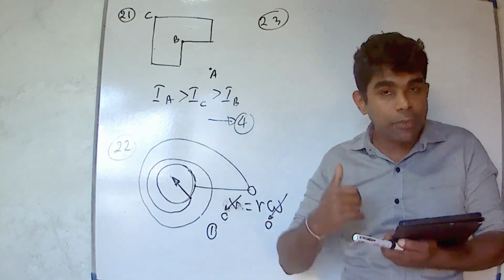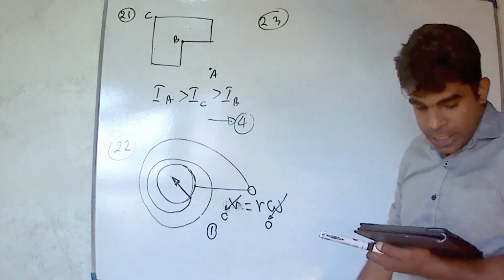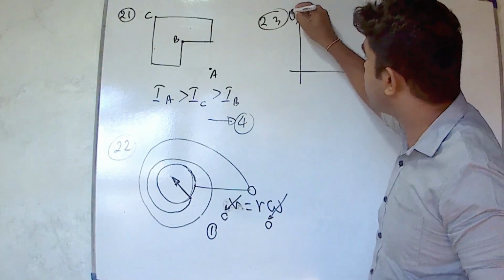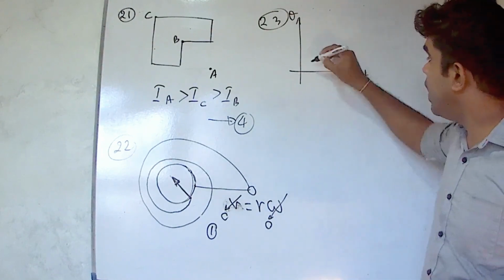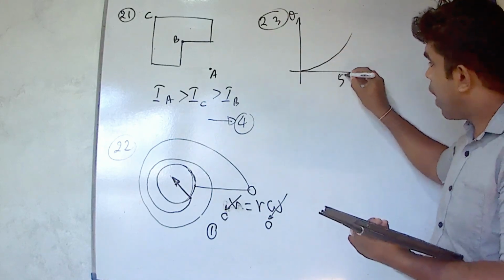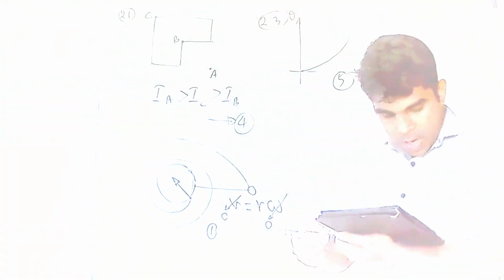Now in the given graph, angular velocity is increasing, therefore the gradient of the theta-time graph should increase with time. Then the answer should be 5 for question number 23.